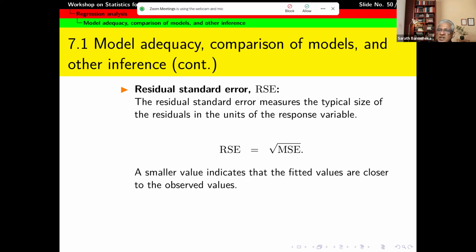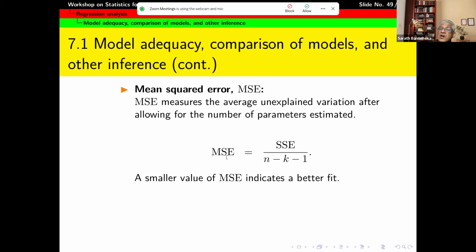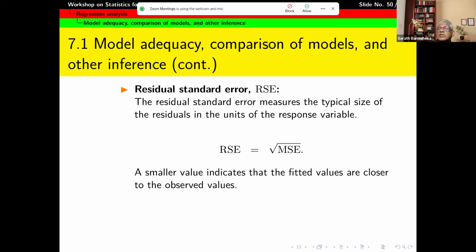One disadvantage of MSE is that it is in squared units, so it is very difficult to interpret what this value really means. Even better, and easier to understand, is the residual standard error, which is the square root of the mean squared error.